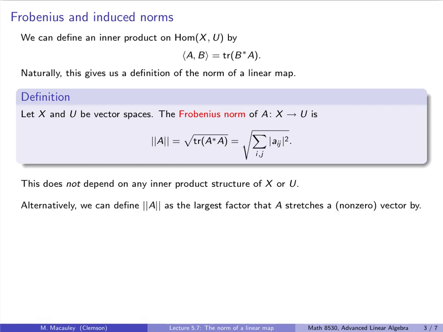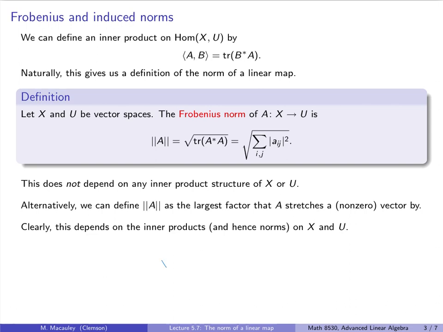Let's compare this to the second example of a norm on A, which is the largest factor that A stretches a non-zero vector by. Clearly, this definition will depend on the inner product structure that we put on X and U, because that determines the norms.